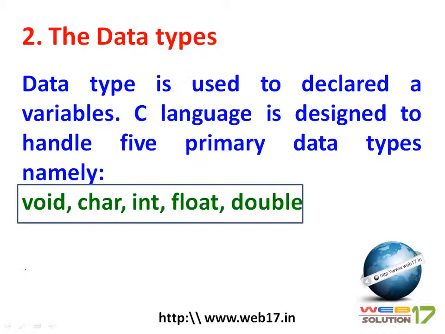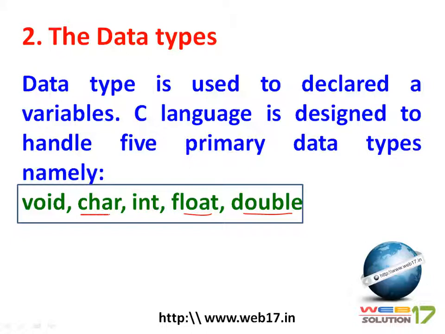Now let me tell you about the data types. Data type is used to declare variables. C language is designed to handle 5 primary data types, namely void, character, integer, float, and double. If you want to declare a variable as character type, then we use the char data type.